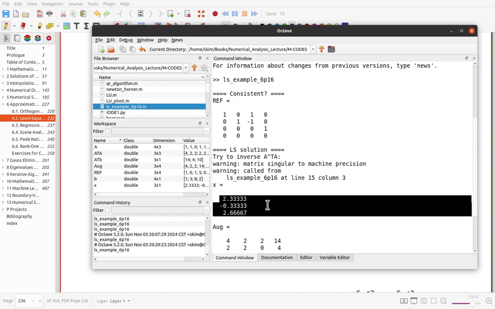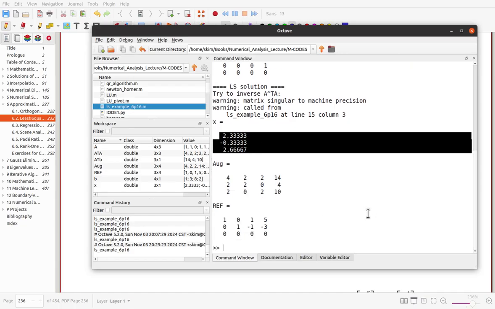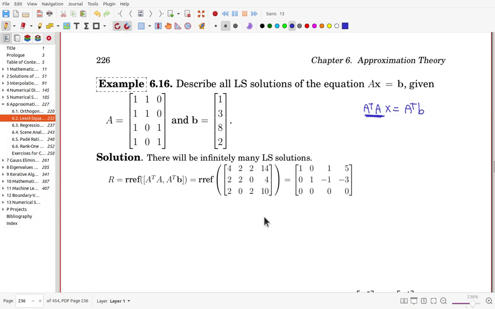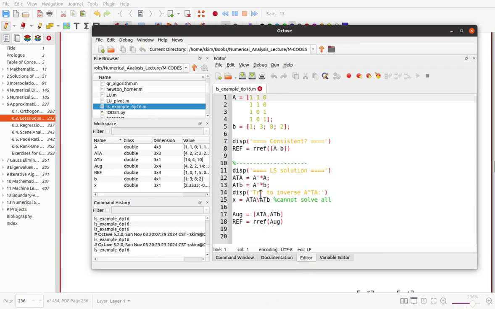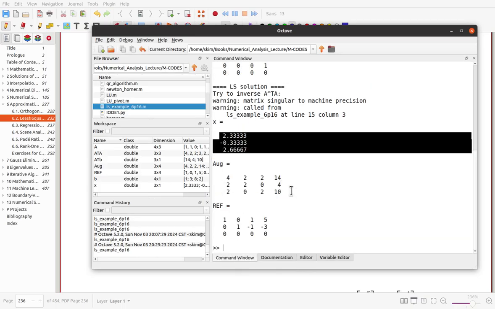Now that one is the augmented matrix, coming from A transpose A and A transpose B. Then we reduce the echelon form.